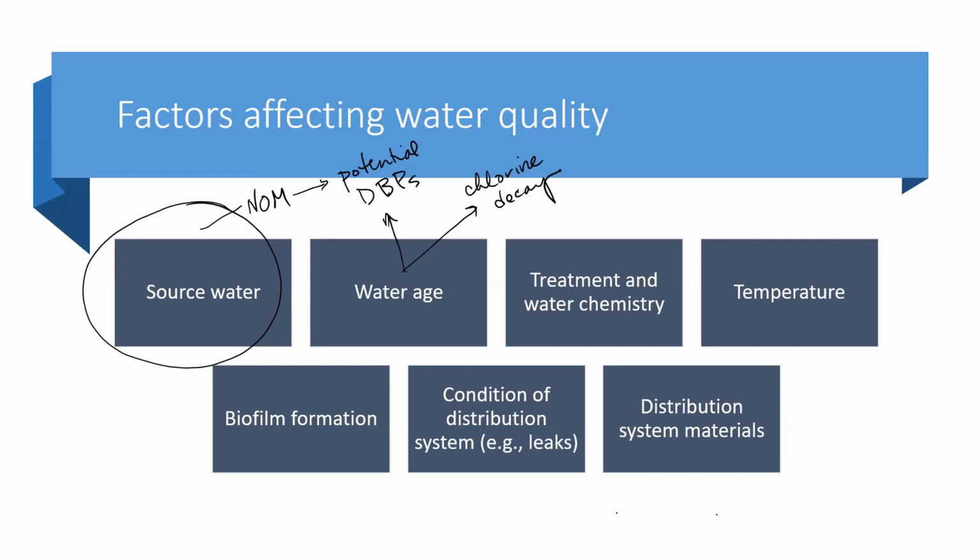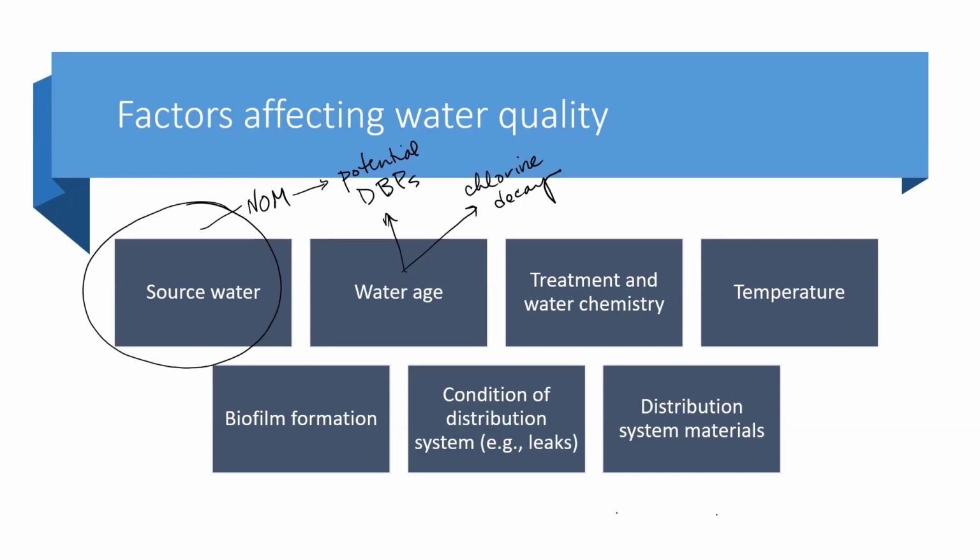We also talk about water treatment and water chemistry. Those of you that are in 483, this week we're talking about coagulation. As we'll look at in the problem this week, adding a coagulant consumes alkalinity. And alkalinity is the ability of a water to resist a pH change upon the addition of an acid.